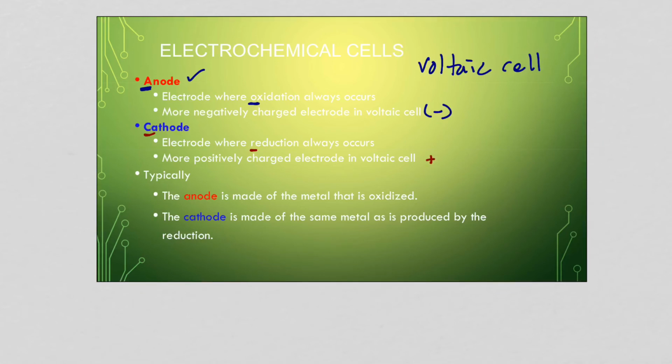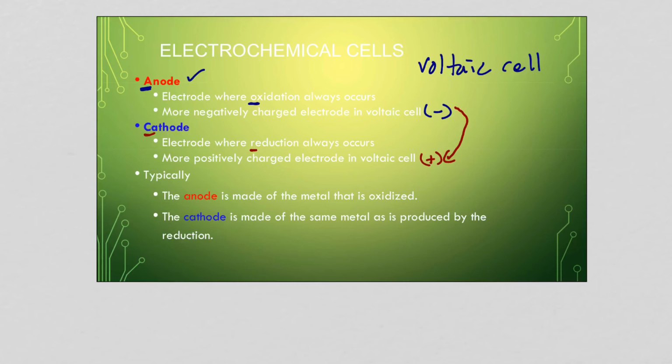The cathode is assigned the positive sign in terms of the electrode sign. So we're going to have electrons flowing from the side of oxidation, or the negative side, to the side of reduction, to the positive side. So we always flow from anode to cathode, from oxidation to reduction, from negative to positive. That's how the electrons flow.